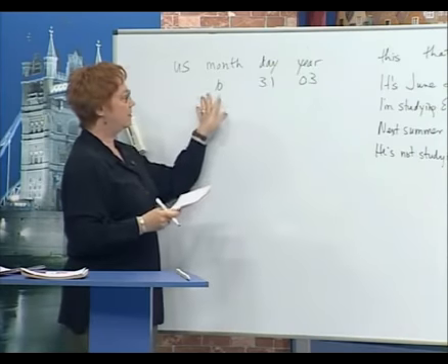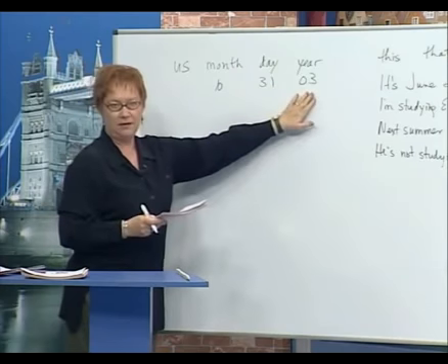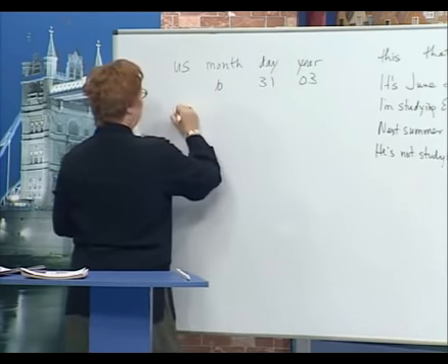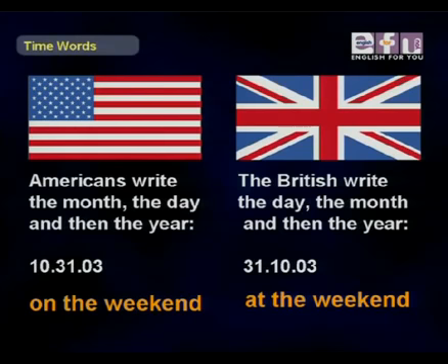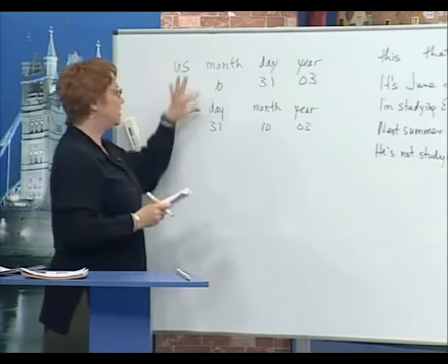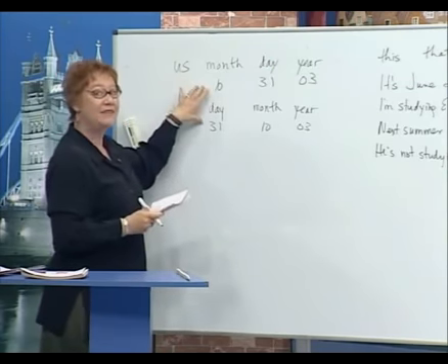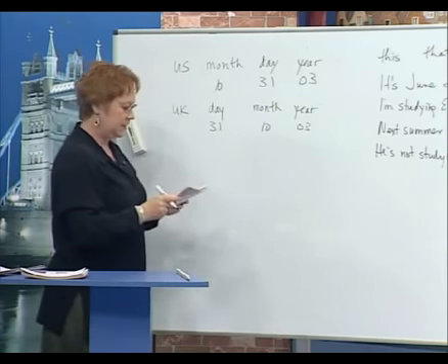Okay, the month, the day, the year. In the UK and many other countries, such as Australia and New Zealand, people write the day, the month, and the year. So in the UK, this would be 31/10/03. Okay? This is just a little bit of difference, but it's very important in business.